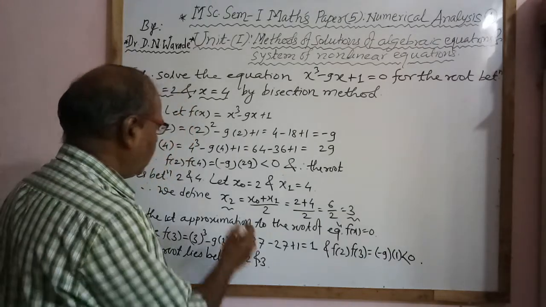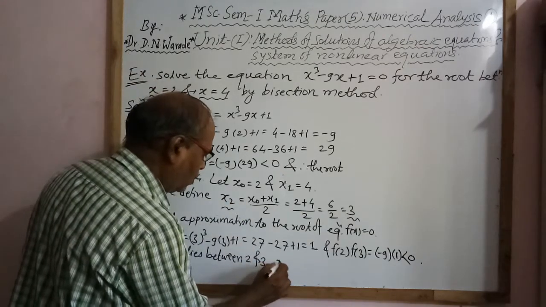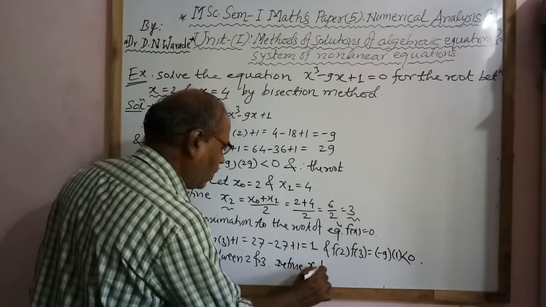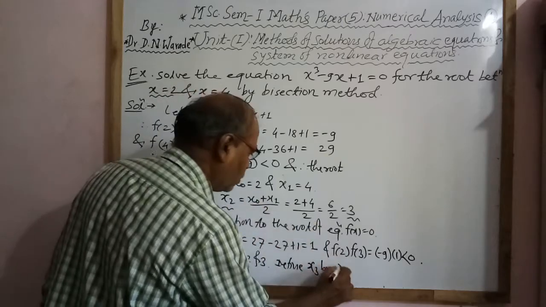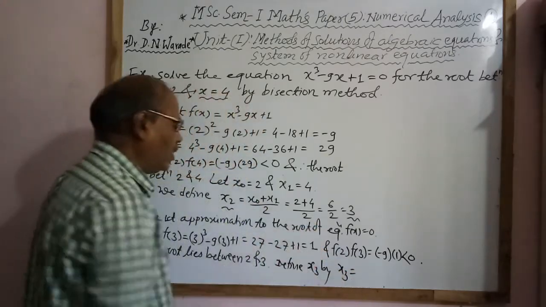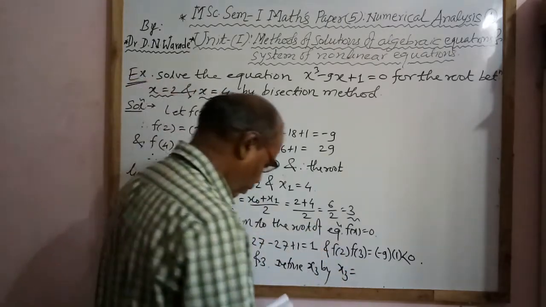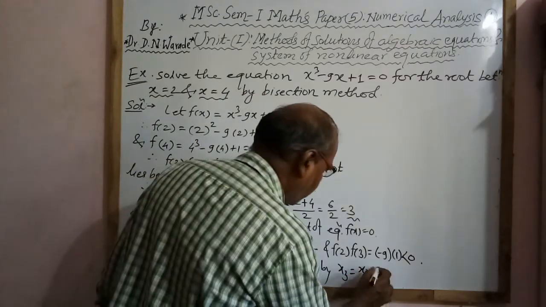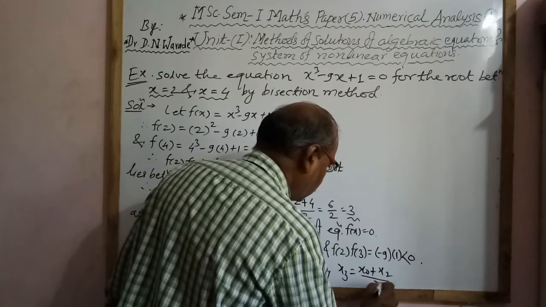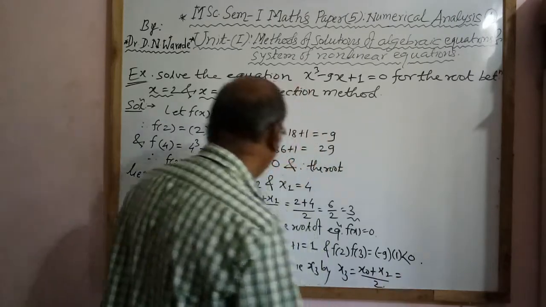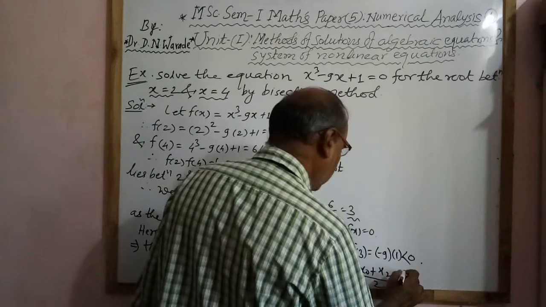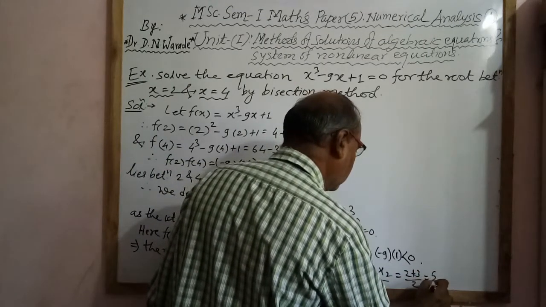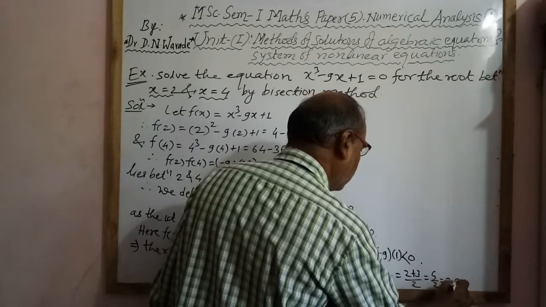Again, we define x3 by the midpoint: x3 equal to x0 plus x2 divided by 2, that is 2 plus 3 divided by 2, 5 by 2, that is 2.5.